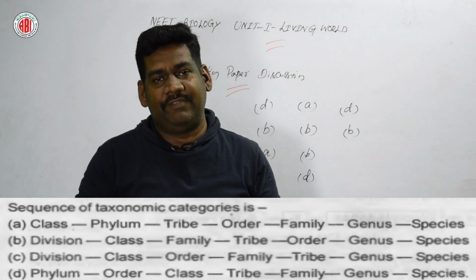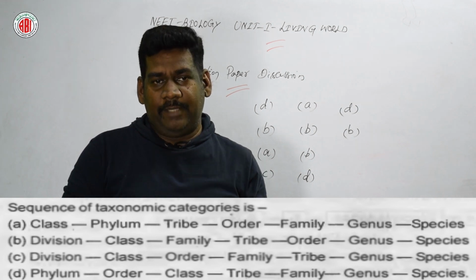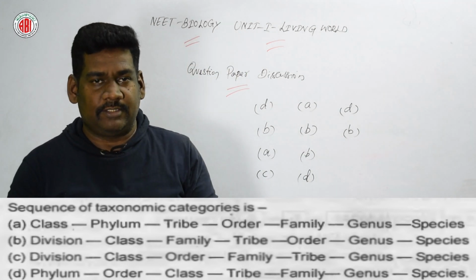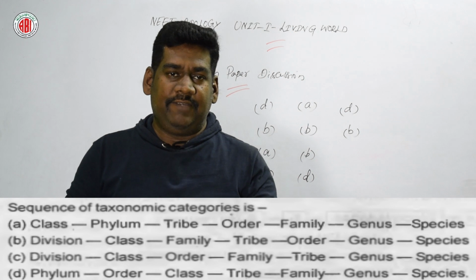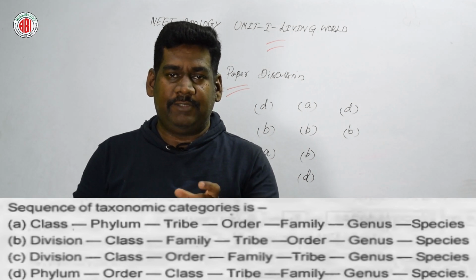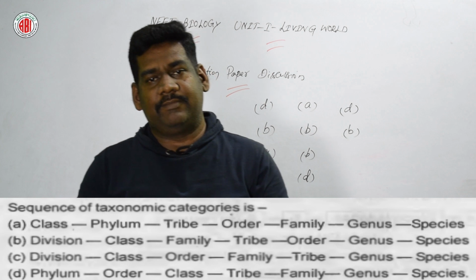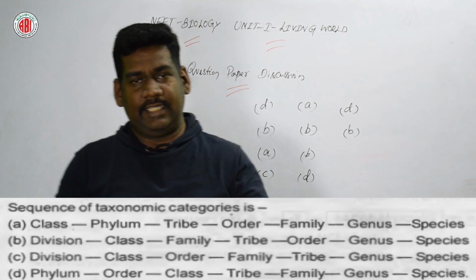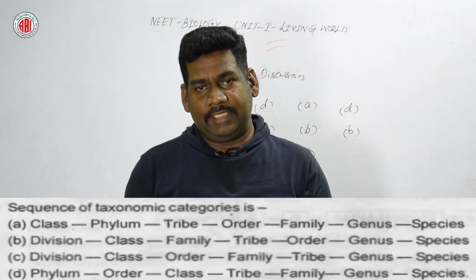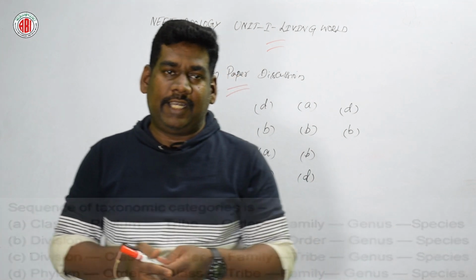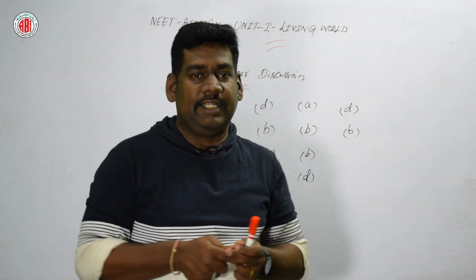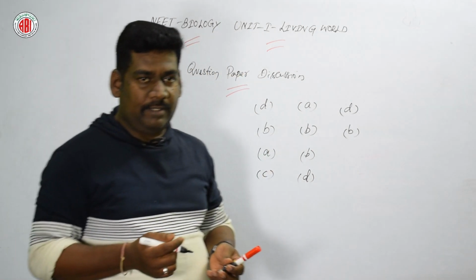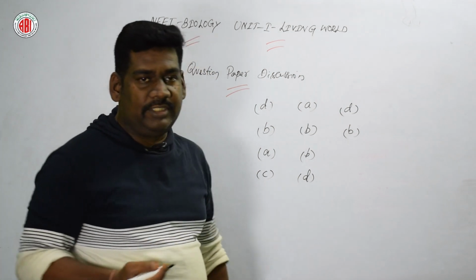In the next option, tribe, order, family are mismatched, so this is also not the right answer. Option C, division, class, order, family, tribe, genus and species, is the exact sequence of the taxonomical categories. This is a descending order; if you start from species, it is the ascending order. So the right answer is option C. Actually, before the division we should write kingdom. So the right answer for this question is option C.